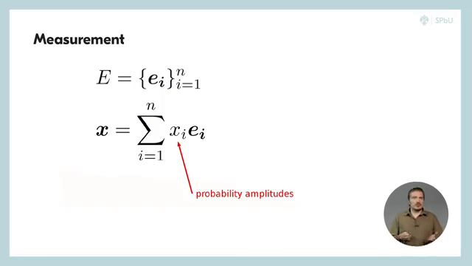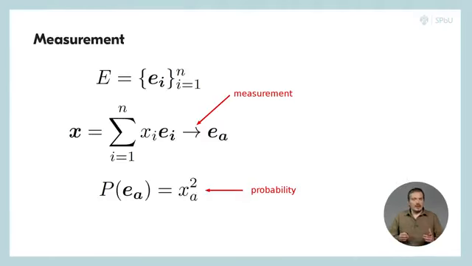And what is written here is this wave function's decomposition in that basis E. Small letters x with a subscript denote the coefficients of this decomposition. We can call them the probability amplitudes. Now, after the measurement of X in this basis E, we obtain only one vector E_a, with probability defined by the square of the amplitude x_a.